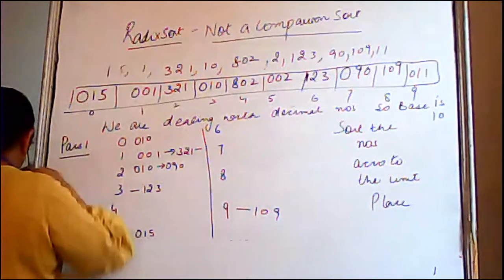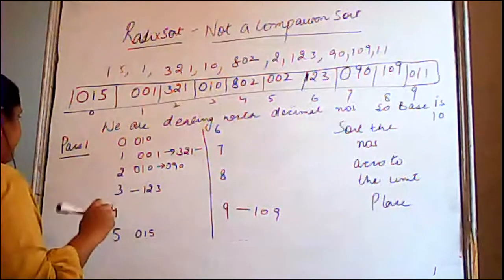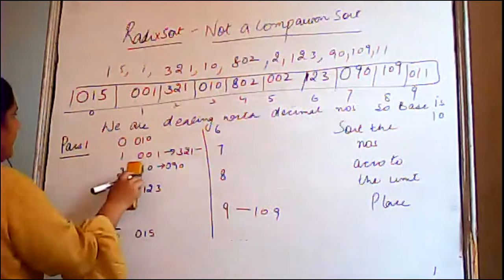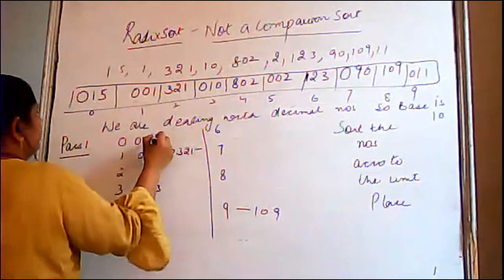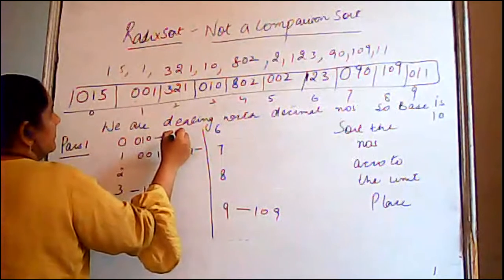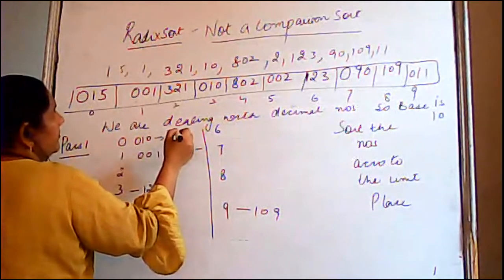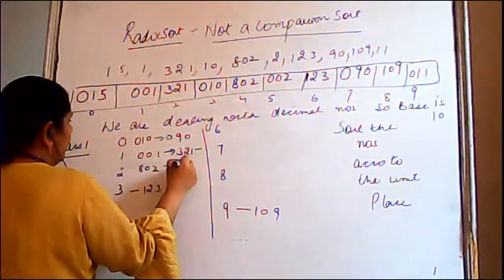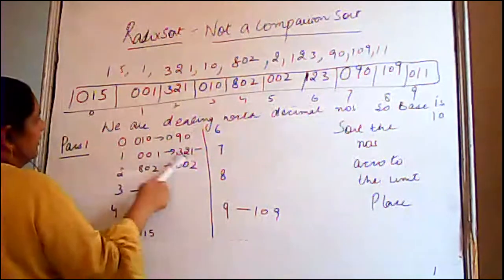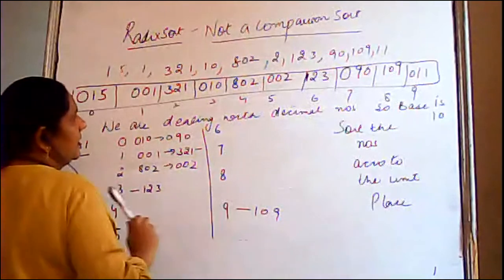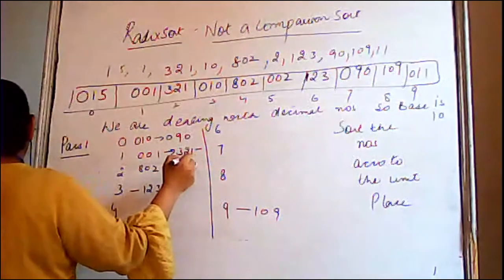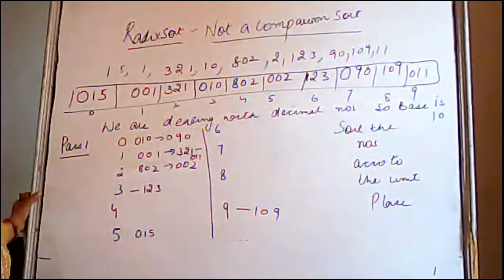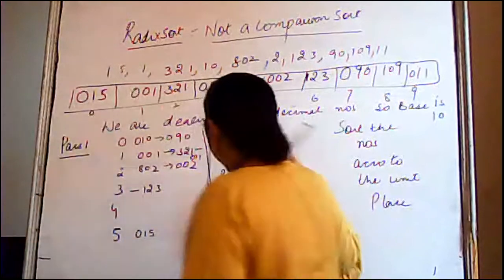Then 090 here, 802 here, and 002 here. Now 011, so this number will come here. So these are the numbers which are traced according to the unit place.